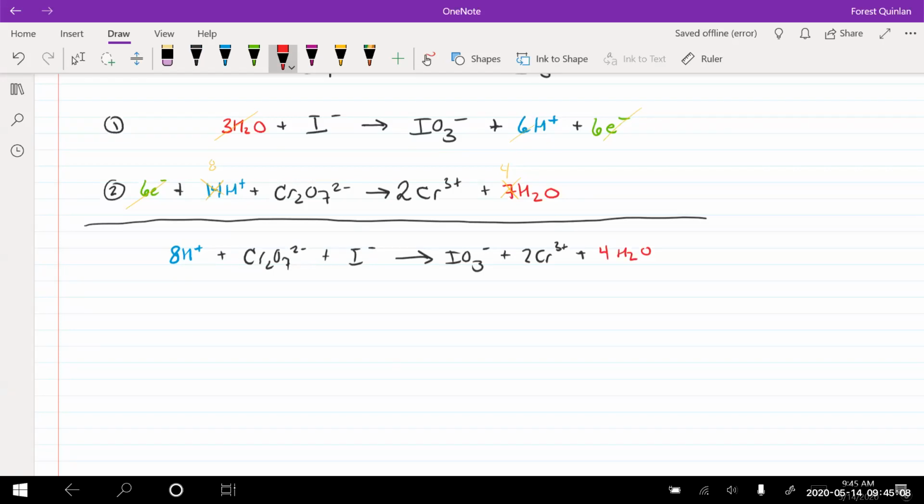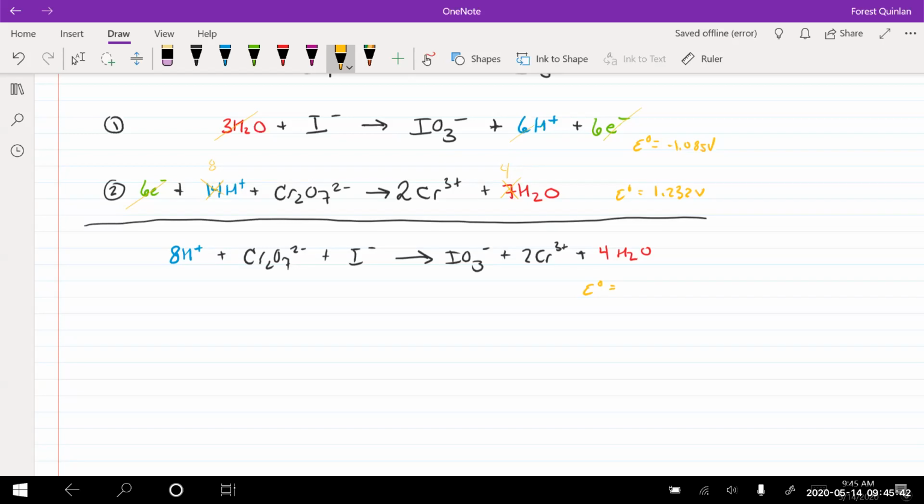Now, just so we have it here, I went ahead and looked these up. The E naught for this guy is negative 1.085 volts. And the E naught for the second one is positive 1.232. So that means that if we just go ahead and add those up, and because they were 6 and 6 and 6 for the electrons transferred, we can just add them up.